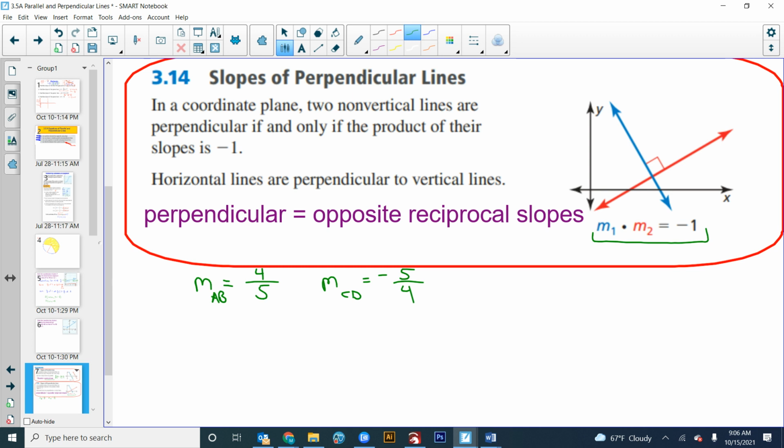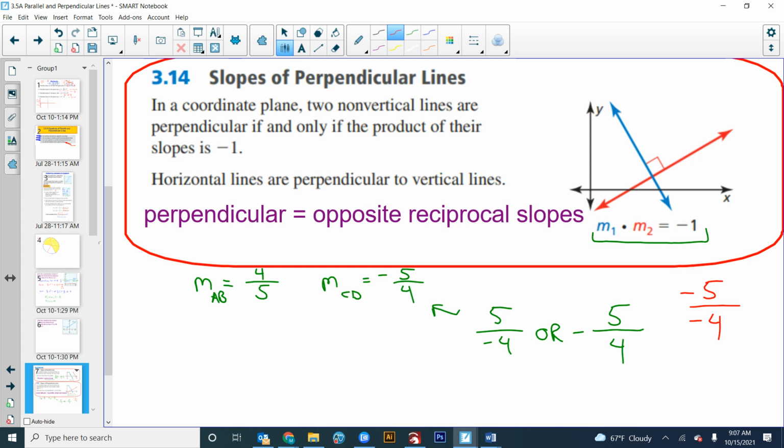Now, go back to our first slide. This can be written as that, correct? Can it be written like this? No, because a negative divided by a negative would be a positive.